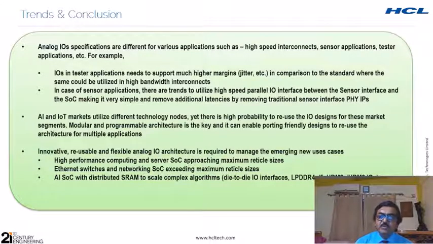They require LPDDR4, LPDDR5, HBM2, HBM3. So these open up a lot of innovation, reusability, and flexibility in analog architecture design, and that is the key to the future.